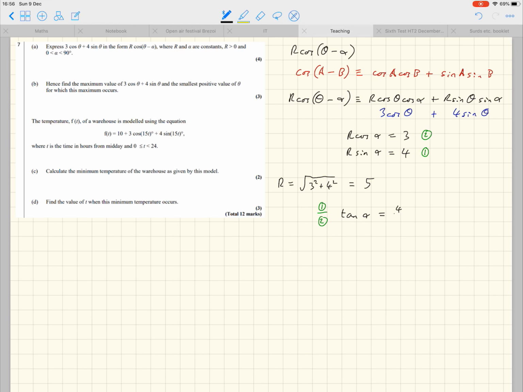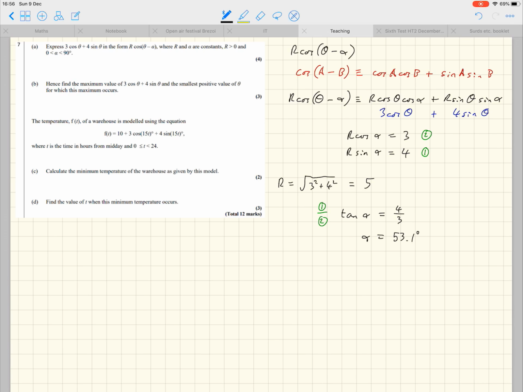Equals, make sure you get it the right way round, 4 over 3. A lot of people in the test wrote 3 over 4 there and got the wrong answer, which was a bit annoying. Just take care over these things. It's this one divided by this one. Great, that gives us alpha is 53.1. 1 decimal place is sufficient for angles in all cases.